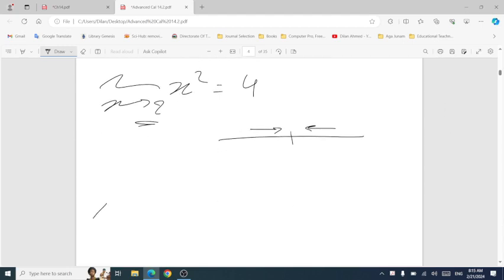Look, you say the limit as x approaches 0 of 1 over x. I'll get what? Who knows? Undefined. Good. Undefined. What else? Infinite. What else? Indeterminate.